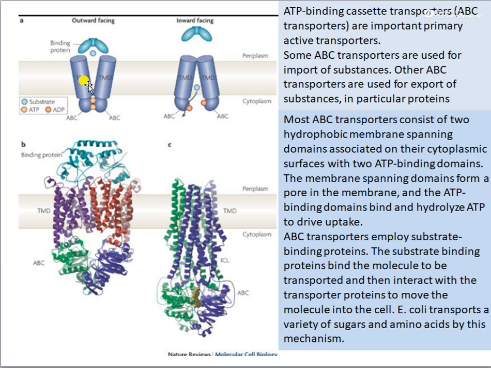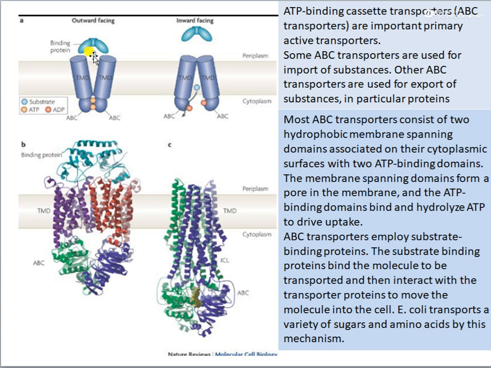So you can see this is an ABC transporter with hydrophobic ends traversing through the membrane, and they also have ATP binding domains. So the substance which has to be transported will be brought by the binding protein and it will reach the ABC transporter, and this binding protein will transfer it.